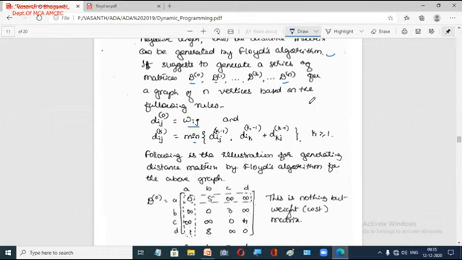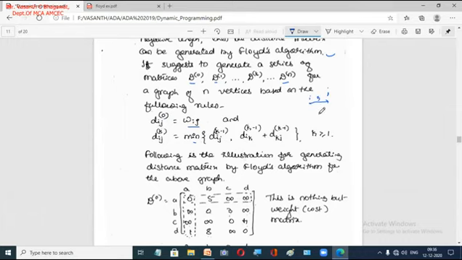Suppose you have a vertex i and another vertex j, and there is a path from i to j. Now when you want to find this, you take the minimum of the cost of this path, say for example 5, comma D of ik plus D of kj.